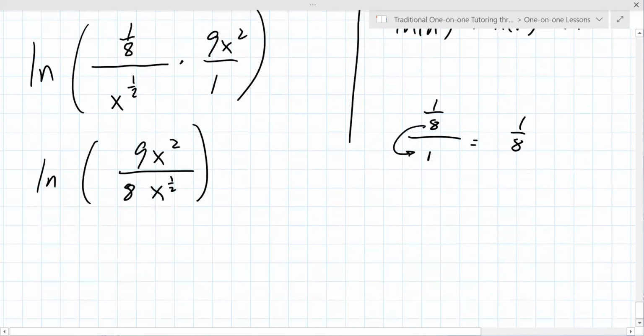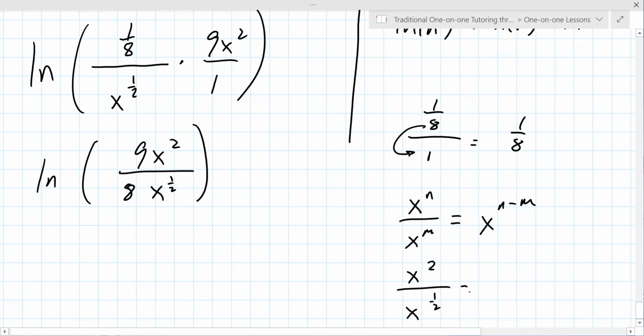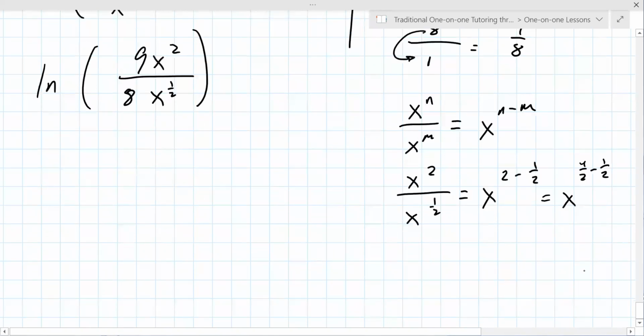And depending on your instructor, you can actually apply this exponent property: x to the n over x to the m equals x to the n minus m. So you subtract. x squared over x to the 1/2 is x to the 2 minus 1/2, which is 4 over 2 minus 1/2. So it ends up being x to the 3/2, like that.